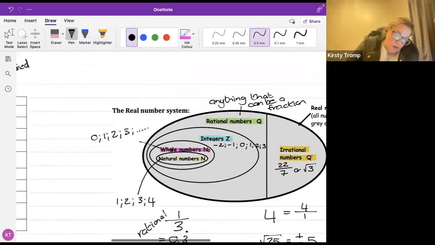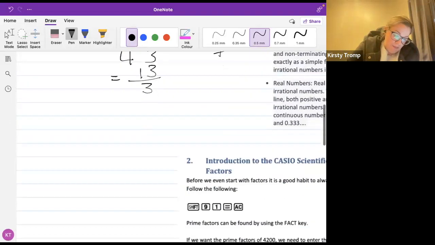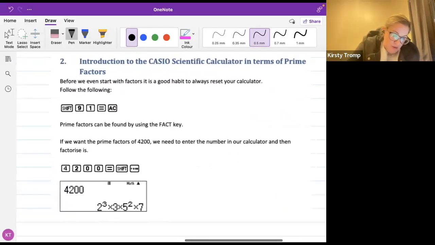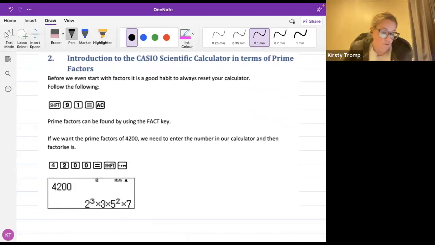Okay, so we're going to go across to the side here, and we're going to have a look at using the Casio calculator for prime factors. I hope you have your calculator in front of you. If you do have a different kind of calculator, see if you can follow along. Unfortunately, I don't have the instructions for the other types of calculators, only the Casio calculator, and that is the most popular one.